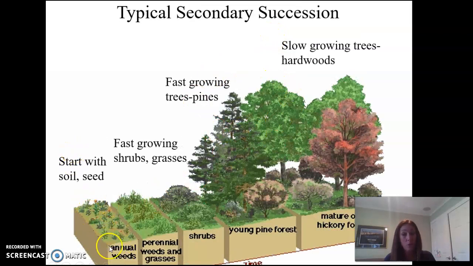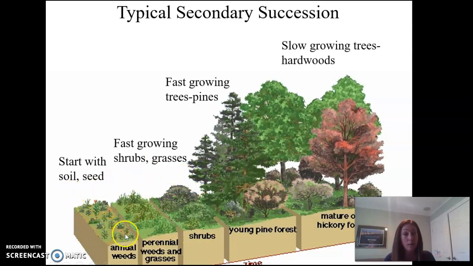Now, secondary succession is very similar. The difference is you start with something. So what I need you to imagine is some type of forest fire that came through and actually added nutrients to the soil. Remember, fires don't necessarily have to be bad. They're going to kind of refresh the soil. So you start with some type of seed. You definitely have soil, so this makes it much faster. Then you have your perennial weeds and grasses, and you have your fast-growing shrubs.